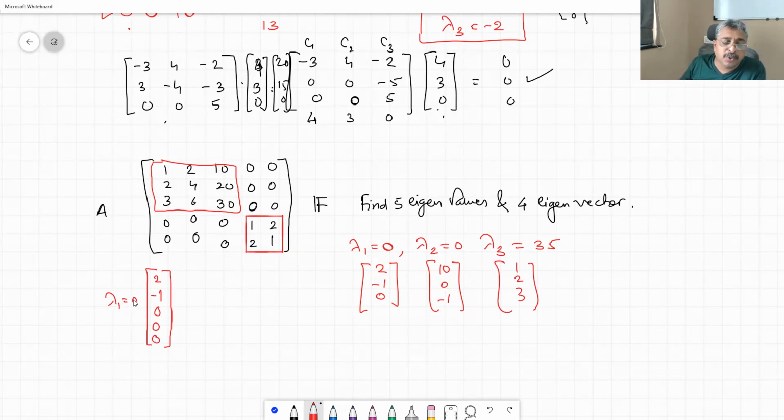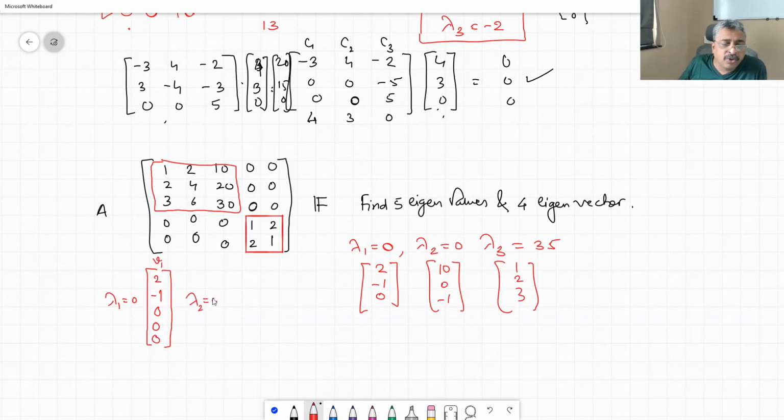So now if you use lambda 1 equal to 0, that means if you multiply this entire 5 by 5 bracket by this column 2, minus 1, 0, 0, 0, you will end up getting the 0, 0, 0 matrix in the RHS. So this is your first eigenvector.